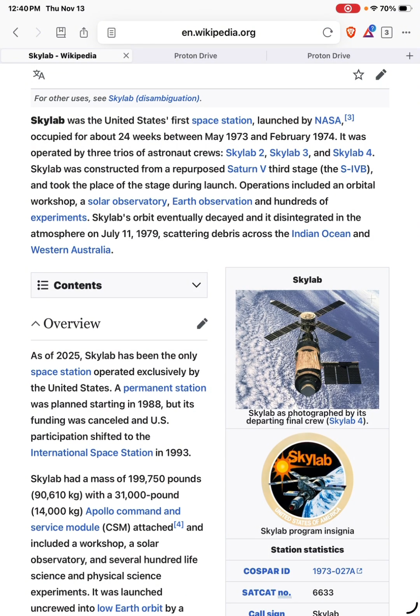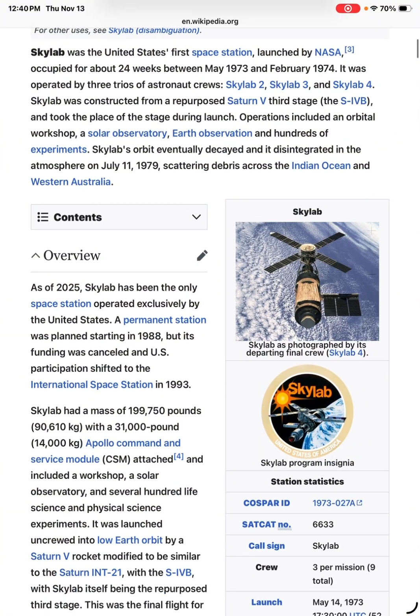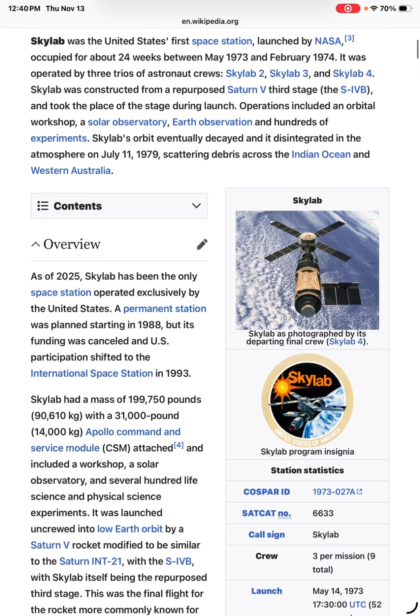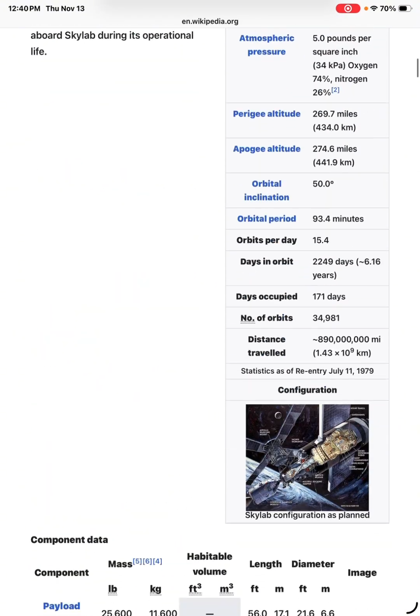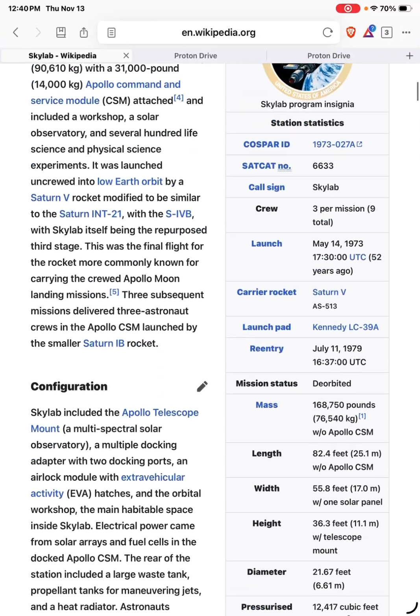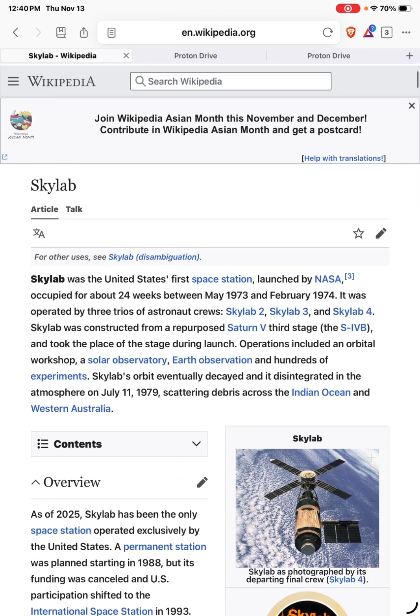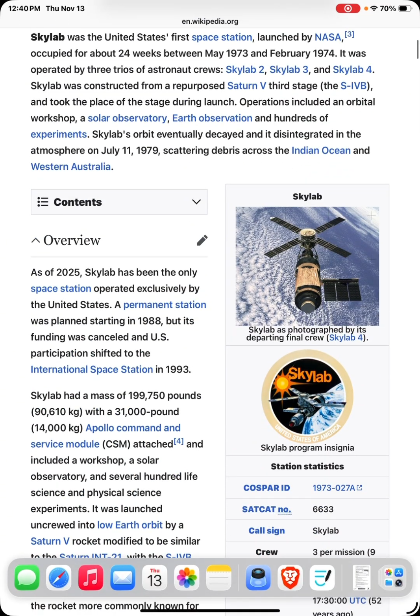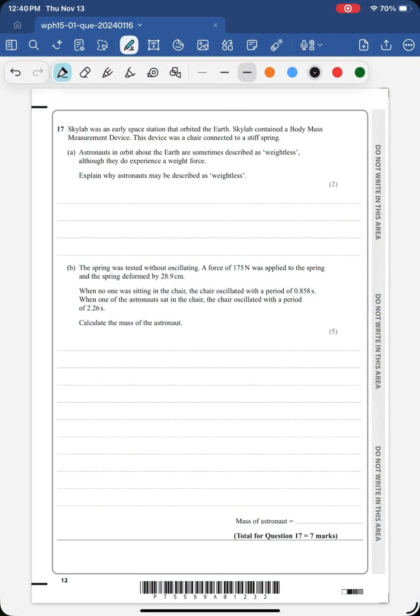So it was before my birthdays, okay. Even though I'm 1,000 years old, I'm not that old. It was operated by three trios of astronaut crews, Skylab 2, 3, and 4. Okay, interesting. I guess this was the precursor to the International Space Station or something. So anyway, let's go back to the paper.